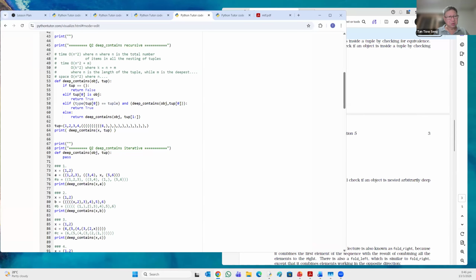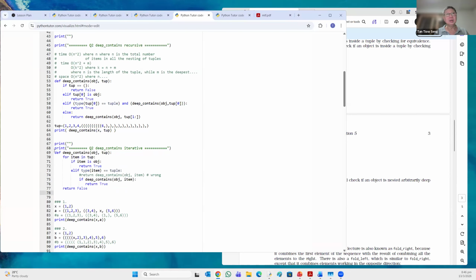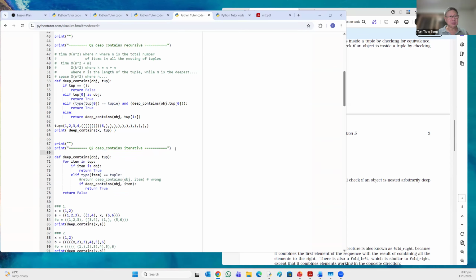Okay, let me just go through the iterative one. I think you have some iterative. Let me just cut and paste the iterative one. All right, in this code, let's see what is the time and space first. What do you think the time and space are?